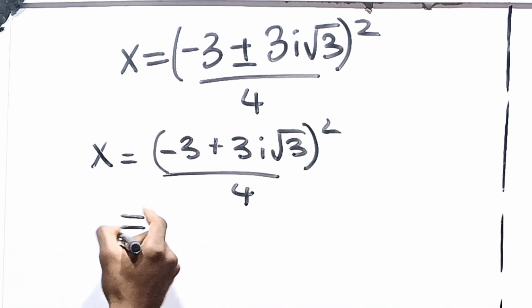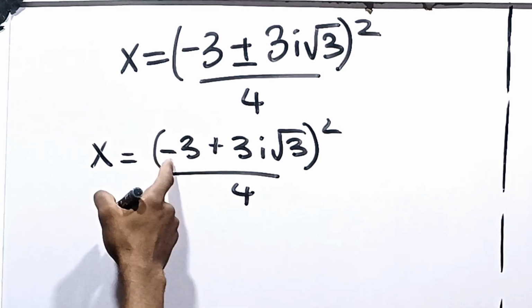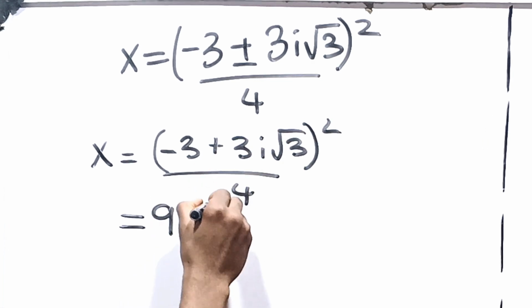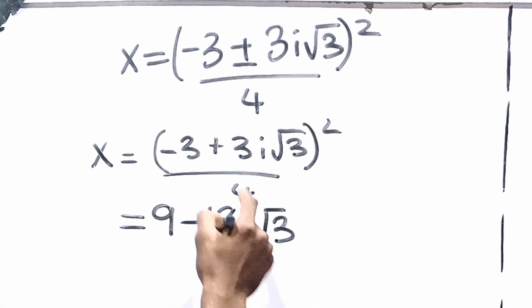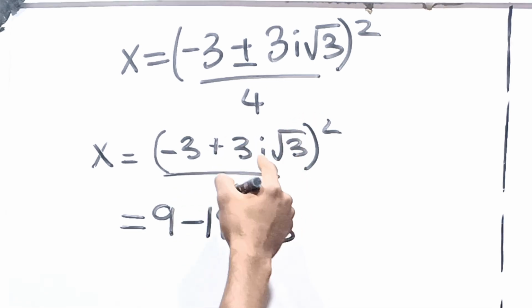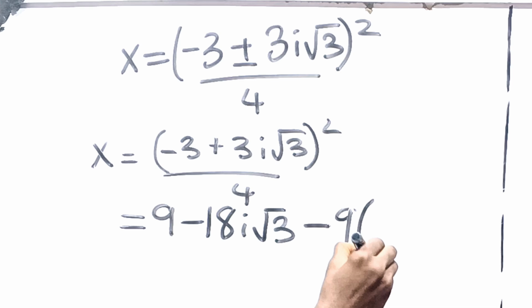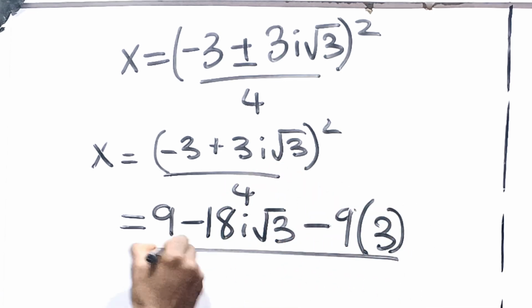Minus 3 squared is plus 9. Minus 3 times 3 is minus 9, times 2 is minus 18i root 3. And lastly, 3 squared is 9, i squared is minus 1, so we have minus 9 multiplied by root of 3 squared, which is 3. And this is divided by 4.